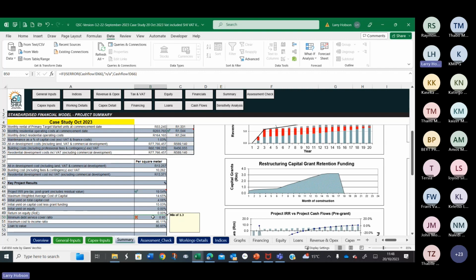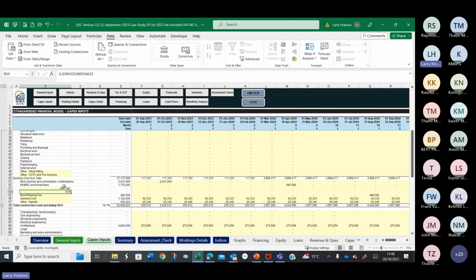Yeah, so we don't meet the debt service cover, and we've then got to go and tweak this figure downwards again.